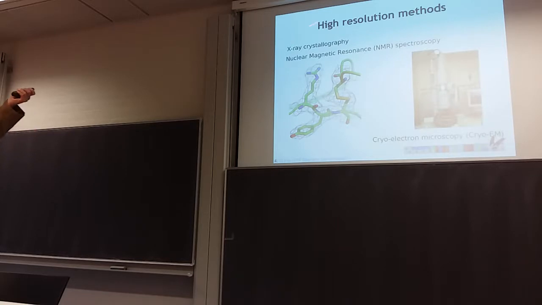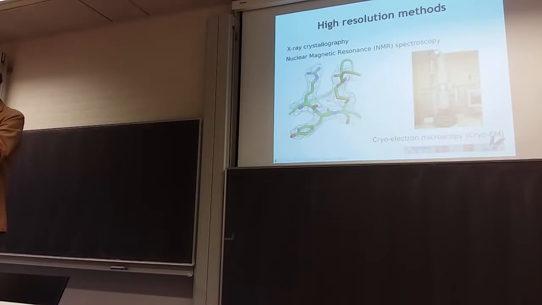The other 2 methods are more indirect. Crystallography: you make a crystal, and you look at the diffraction of the X-rays, and then you have to calculate back the structure. And NMR looks at nuclear spins, and you can do all sorts of tricks with energy transfer between nuclei, and they can be dependent on angles and distances.